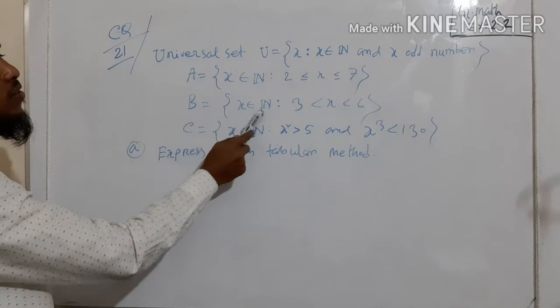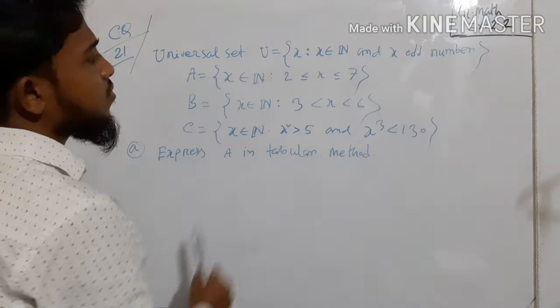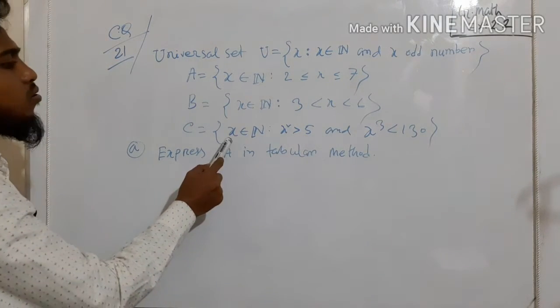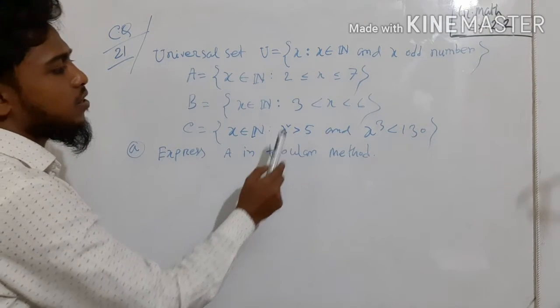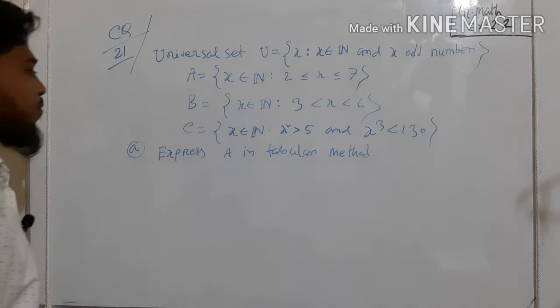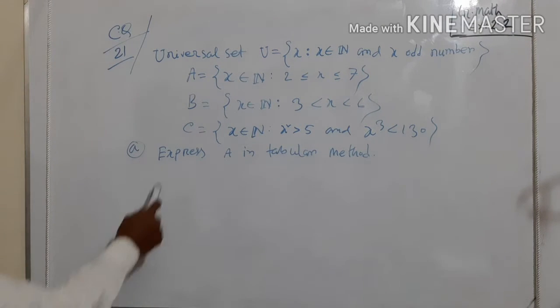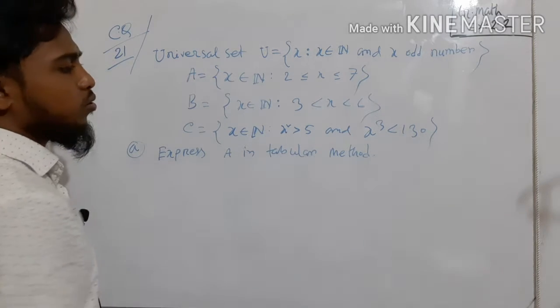B equal to {x in natural number such that 3 is less than x is less than 6}. C equal to {x in natural number such that x square is greater than 5 and x cube is less than 130}. Number 1, express the sets in tabular method.